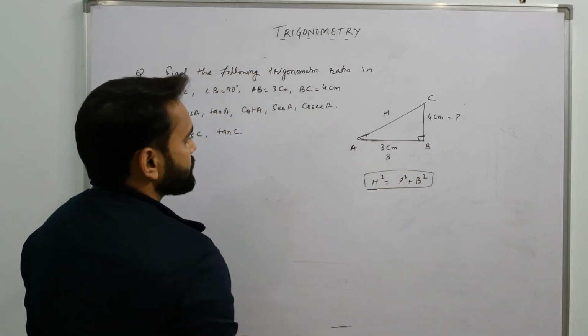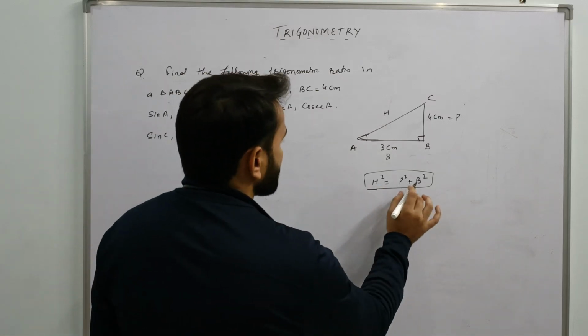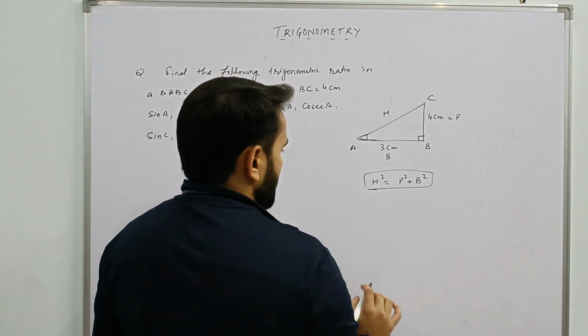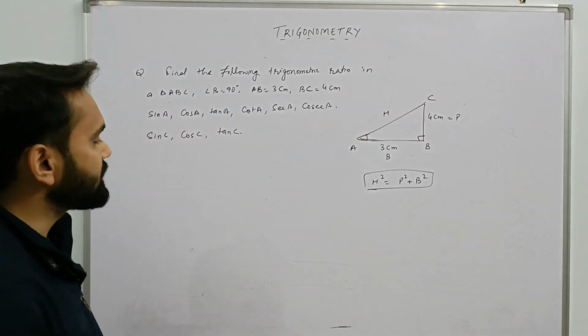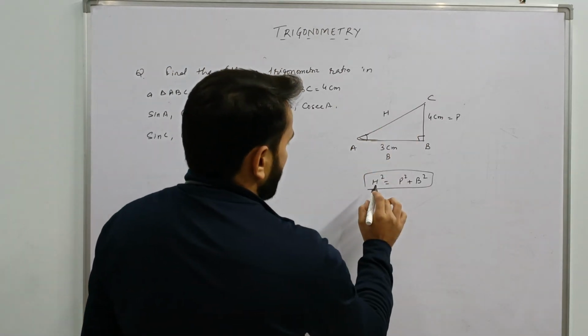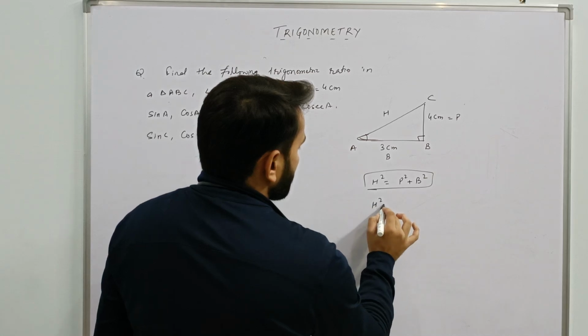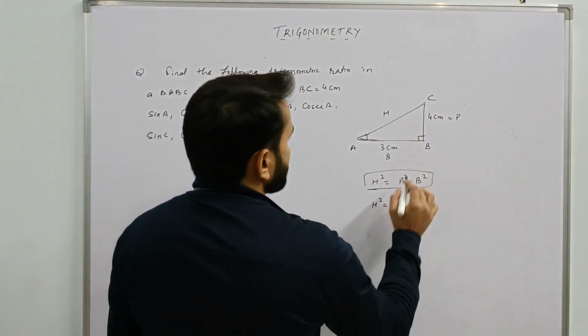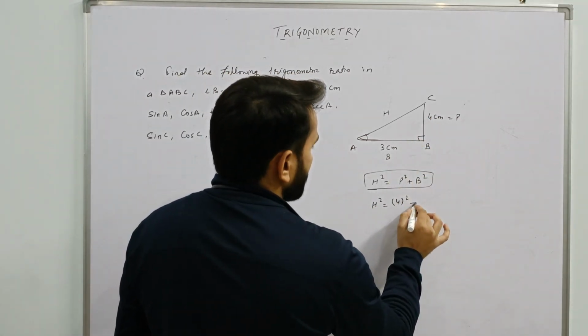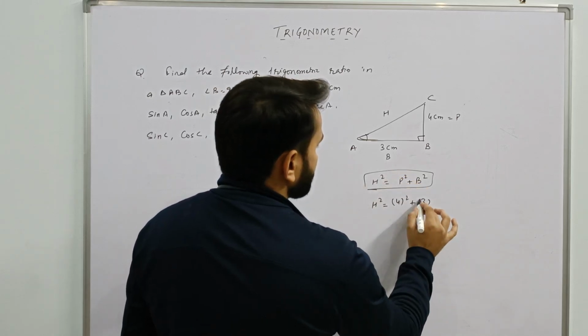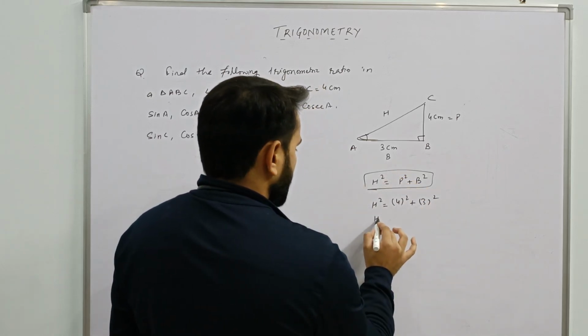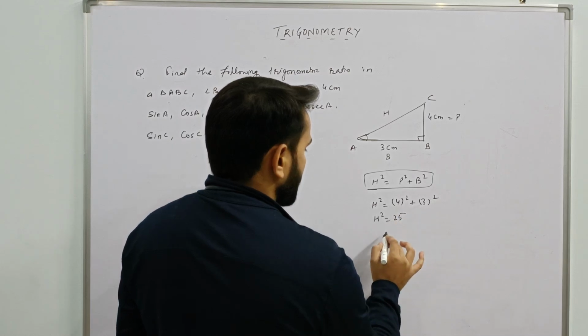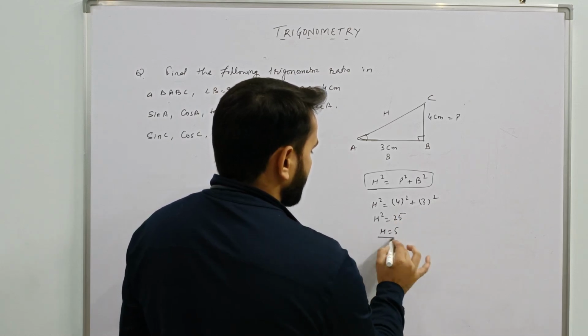Okay, so with the help of this relation, it is called Pythagoras theorem. We have already studied Pythagoras theorem in class 9th. So hypotenuse square will be equal to, perpendicular is here 4, that is 4 square, plus base is 3. So from here h square is equal to 25, so h equal to 5.